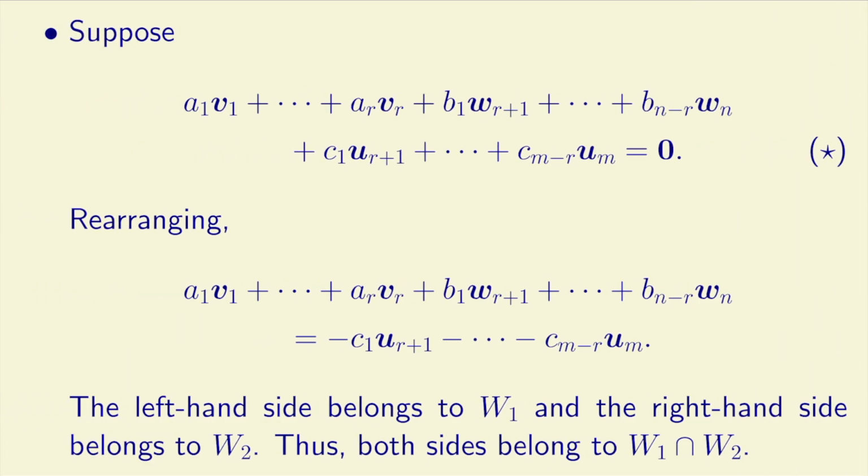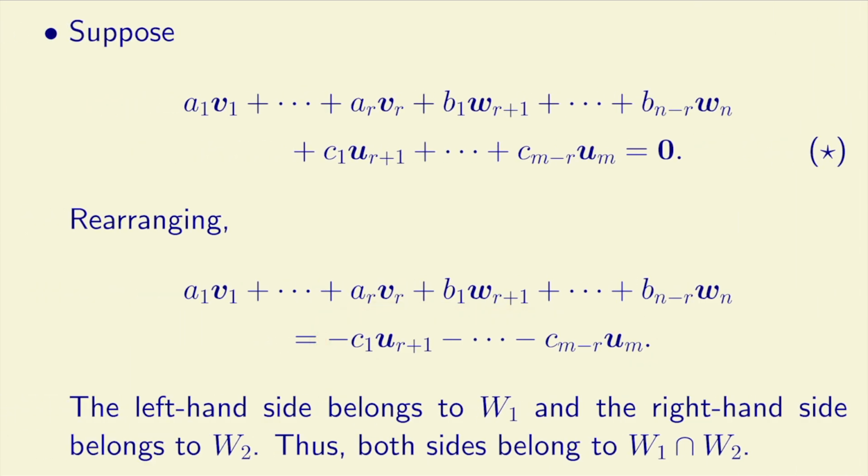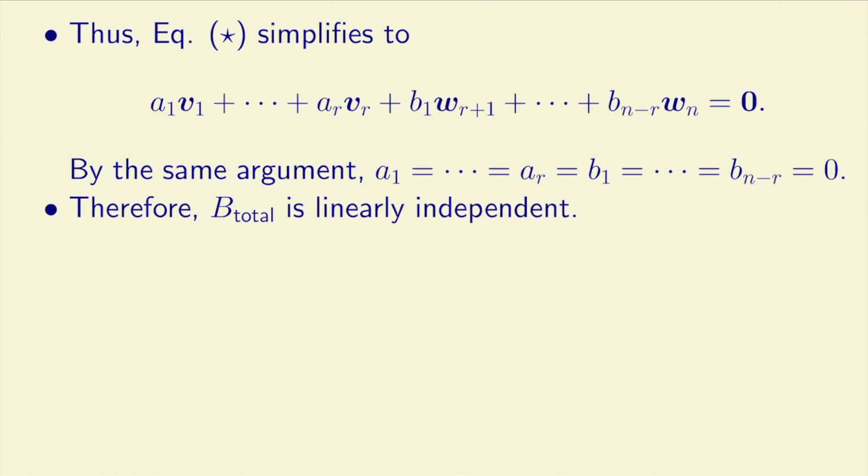So in the original equation, this right-hand side becomes the zero vector. That means this part is equal to the zero vector, so we have this equality now. But these vectors v1 to vr and wr plus 1 to wn form a basis of the subspace W1, so they must be linearly independent.